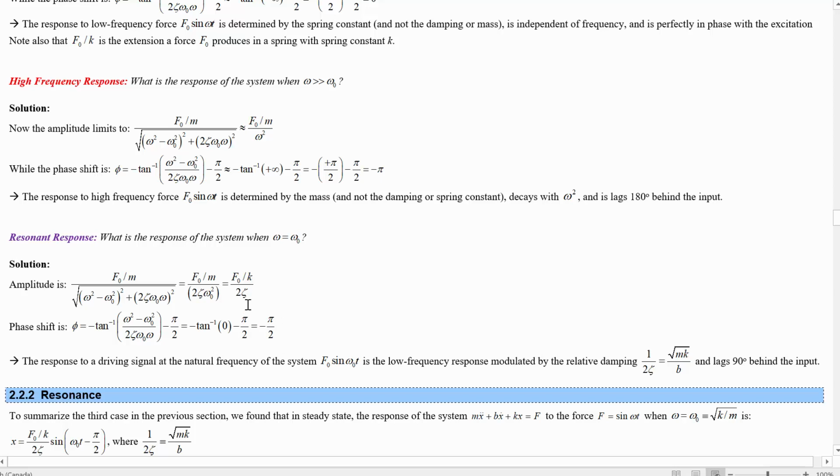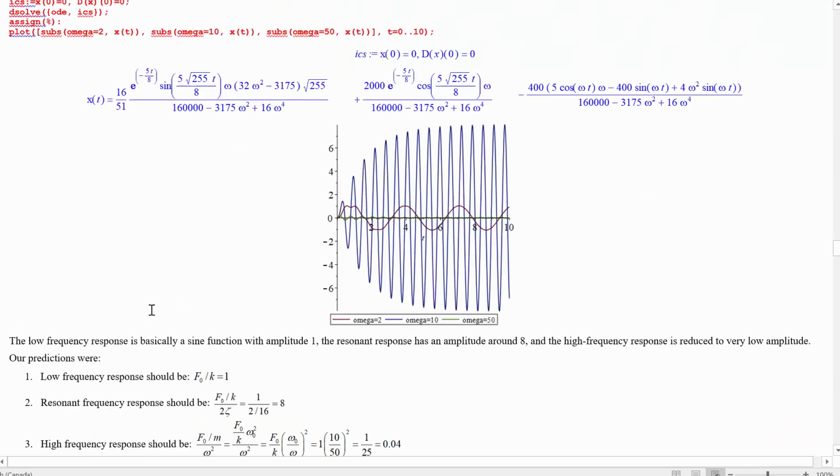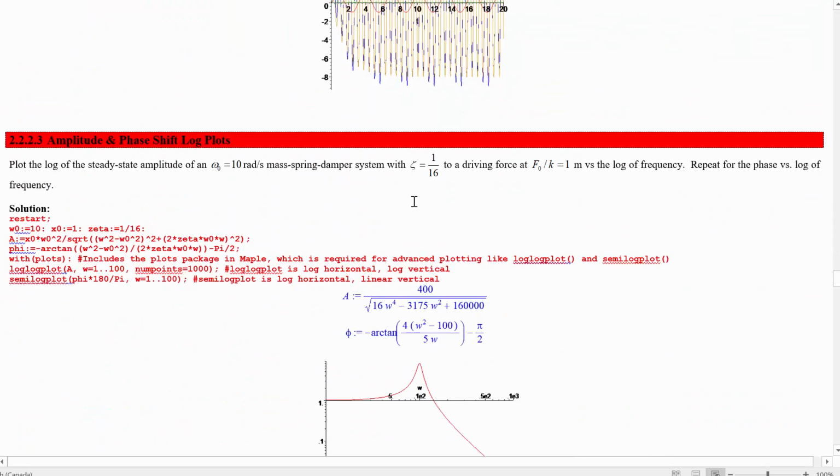But how we got this is by looking at limits of this and this. So these things that we derived even earlier than that were the formulas for the amplitude and phase shift. So what this question is asking us to do is to substitute in known values for f0 over k and omega naught, and then plot this whole thing versus omega, versus the driving frequency.